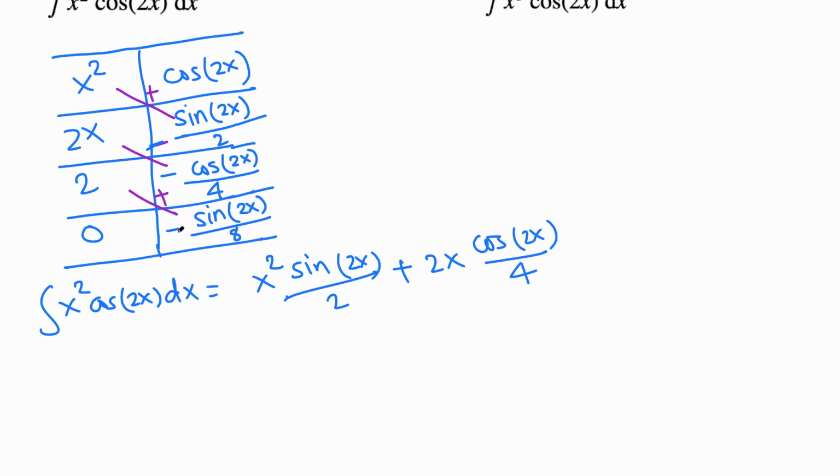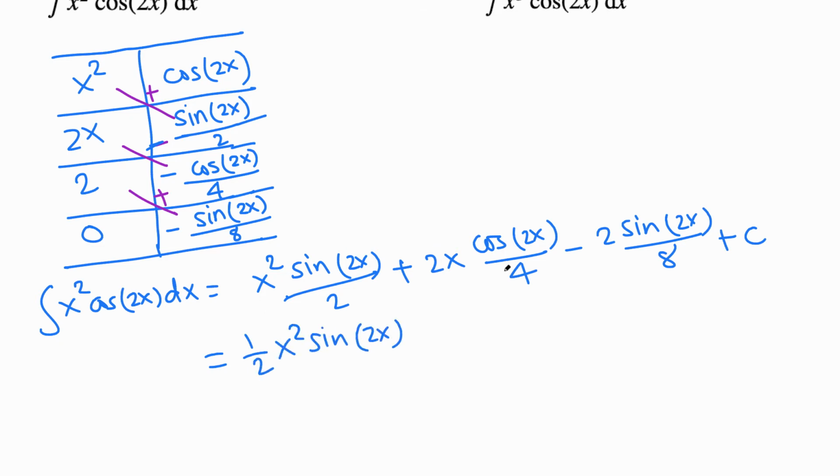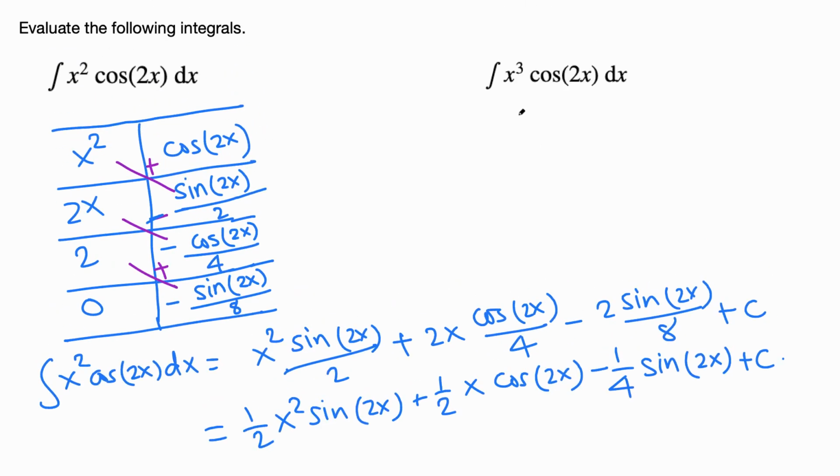Plus, but this is negative, and when we multiply these two we get negative, so negative 2 times this, plus a constant. Now we can simplify, which is not needed, but I want to write half x squared sine 2x, plus 1/2 x cosine 2x, minus 1/4 sine 2x, plus c. Okay, let's do the same thing for the second one.